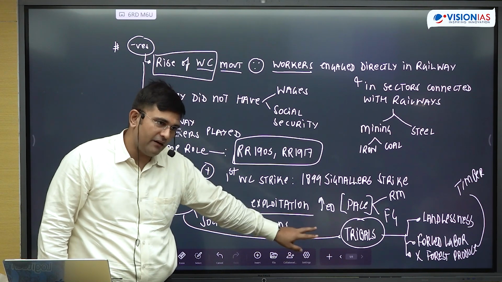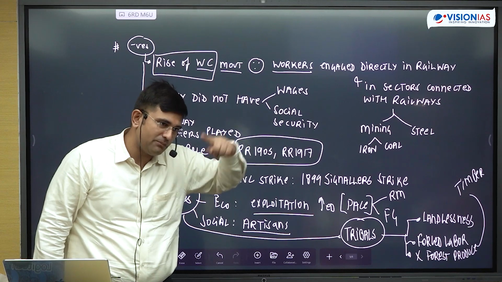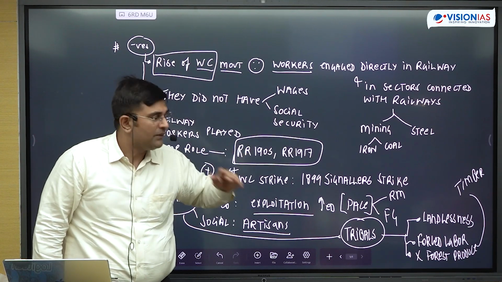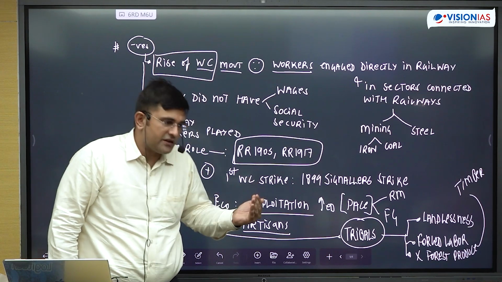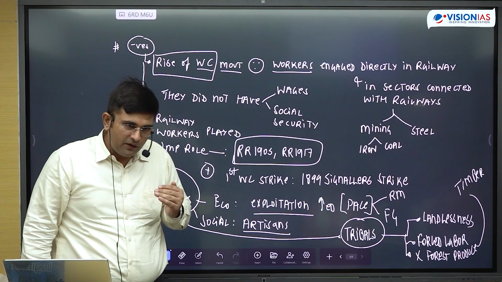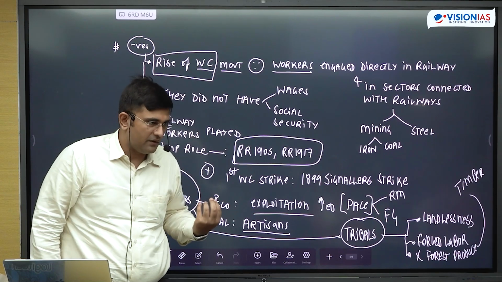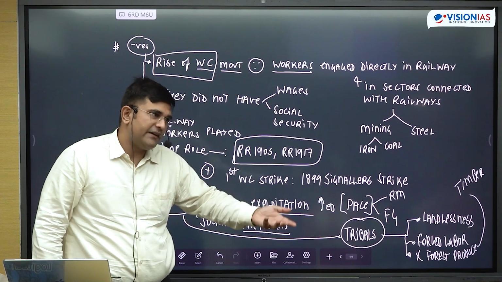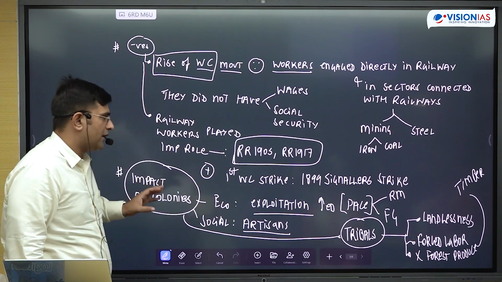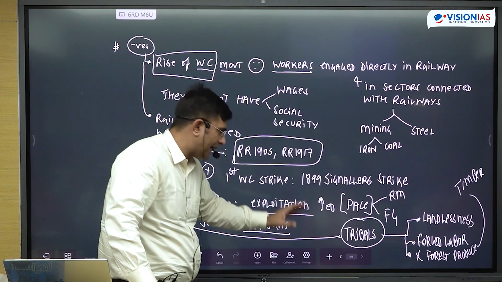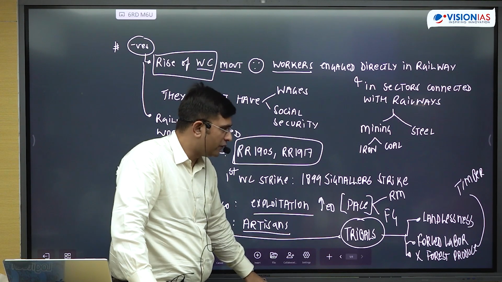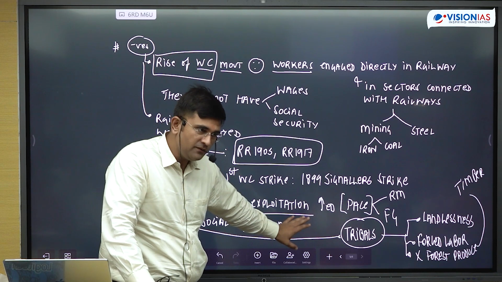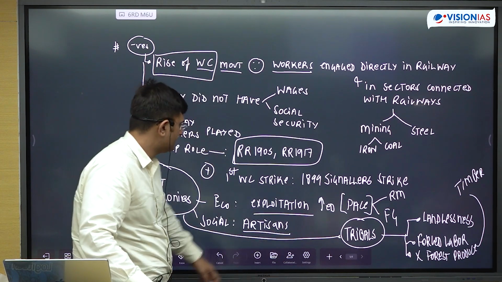Third component, timber was utilized for making sleepers or coaches, etc. So the forest produce, which was earlier being used by the tribes, now these railway contractors are getting contracts to take away. So they're losing their home, their lands, their forest produce, and they're also made to do forced labor. That is a social impact, right?